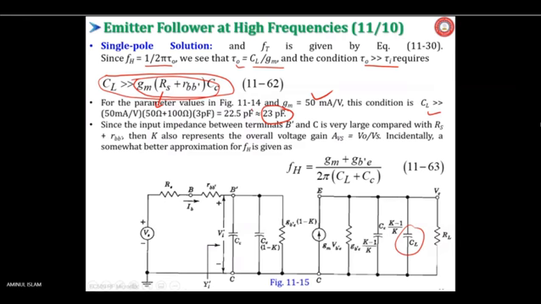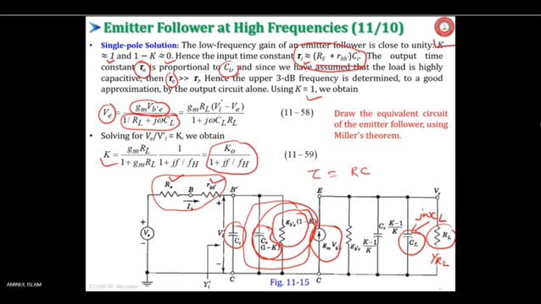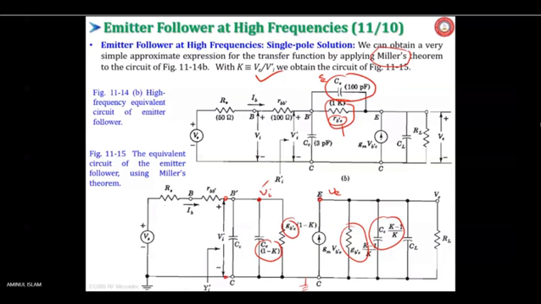That means in this value, if you look at figure number 11.14, every value, meaning Rs, gm, rbb', Cc, is mentioned. I'll show you the diagram. Yeah, this Rs is mentioned here, rbb' is mentioned here as 100 ohm, and Cc is 3 pF, and Ce is 100 pF. These are all given in this diagram.